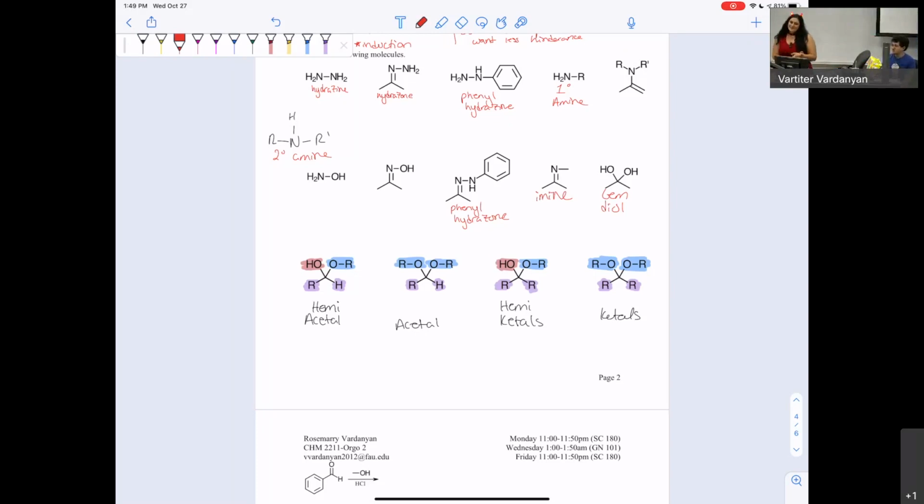The imine, cool. In the hydrazone formation reaction, what is the nucleophile? Hydrazine, yay. What was your question? Hydrazine is just NH2, NH2. Hydrazone has the double bond. Great question.